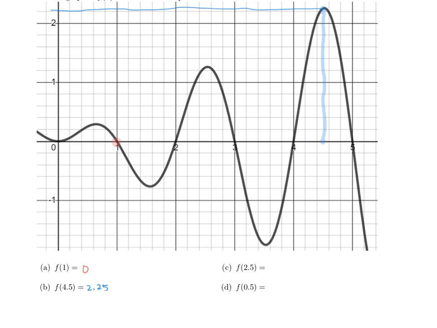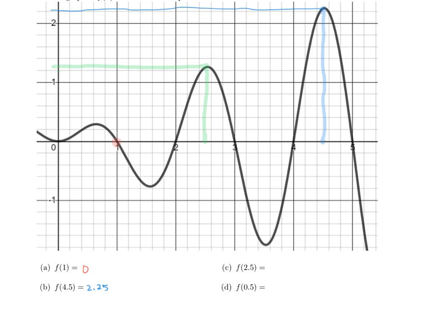Okay, f of 2.5. So we're going to look for 2.5, which is right in here. So what's the y value? Well, that looks really about the same, 1.25. So if you're wondering how I know it's 1.2, here's what I'm looking at. I'm looking at the number of intervals between 1 and 2.